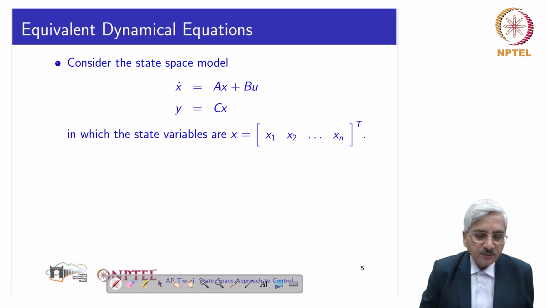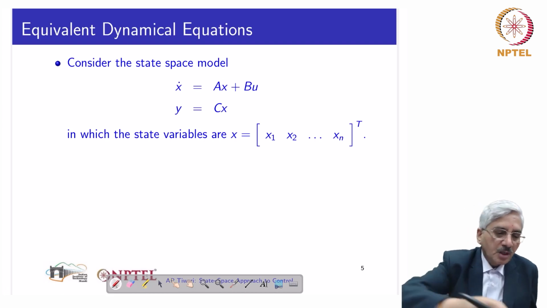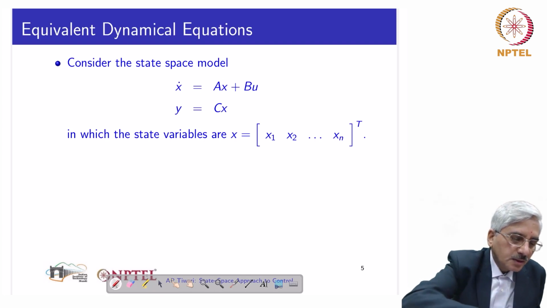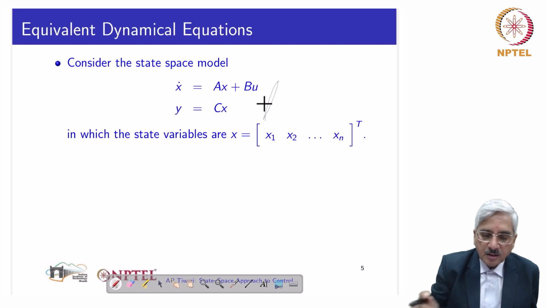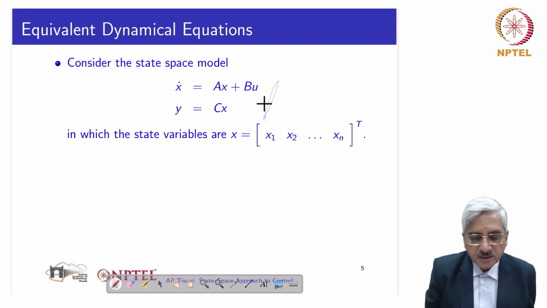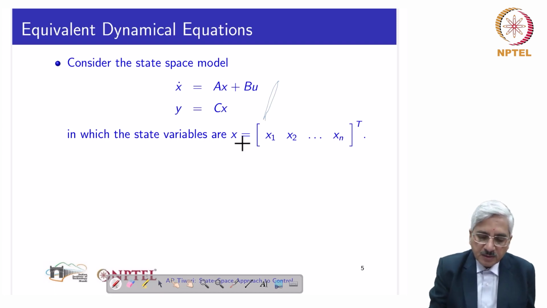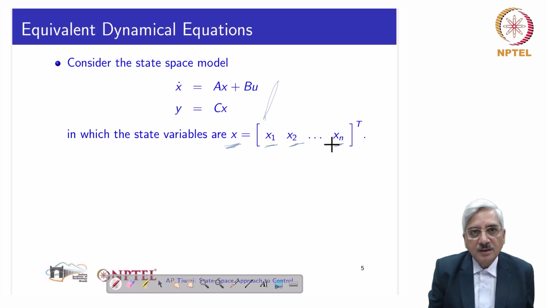We begin with the state space model shown here: x dot equal to Ax plus Bu, y equal to Cx, A being the system matrix, B the input matrix, and C the output matrix. The state variables here are x, the set of quantities x1, x2, up to xn. These n quantities mean that the system order is n.